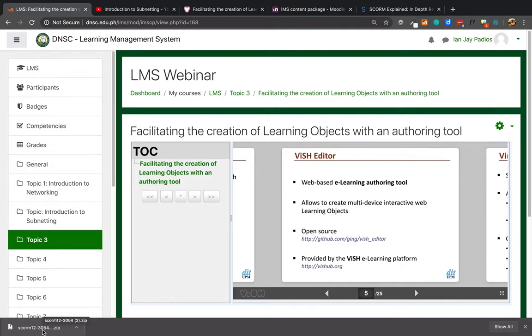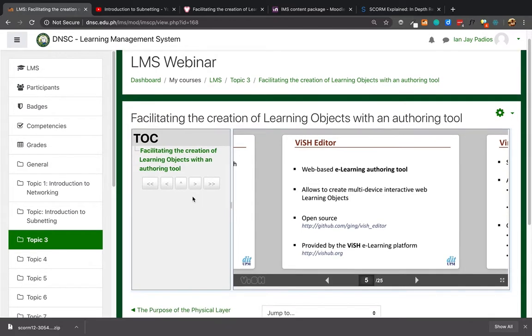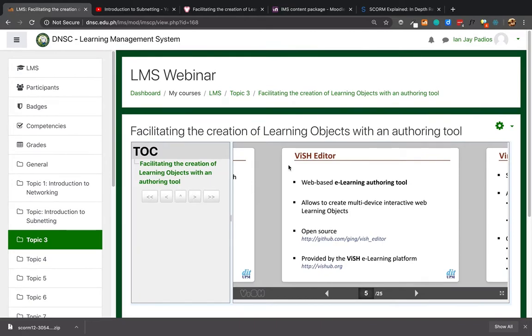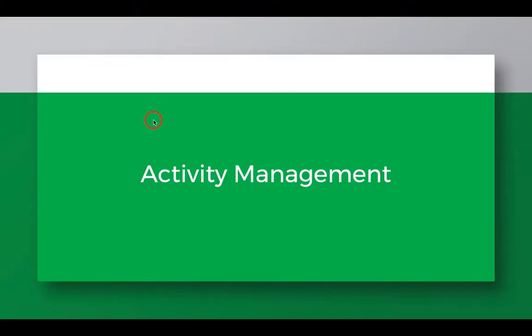Package it, then share it with others, then upload it to their own LMS. Any type of LMS actually, because most of the LMSs available today are compliant to these standards, to SCORM or any other package standard. It actually promotes the reusability and sharing of learning materials. Okay, I think that's it for the IMS package content.